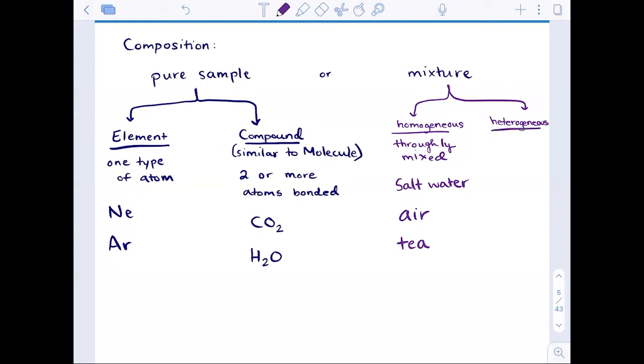Heterogeneous, on the other hand, is not thoroughly mixed. So we get kind of like this cookie cutter, this side is more one thing and this side is more the other. The best thing that I can think about in a scientific example is the ocean.